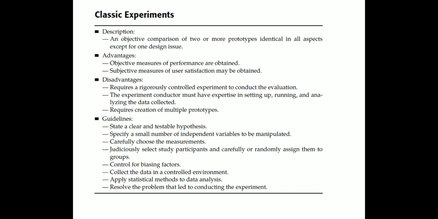So, general steps to be followed in order to conduct an experiment are: first, state a clear and testable hypothesis. For example, a screen background color will affect the screen readability, and then specify a number of independent variables that are to be manipulated.